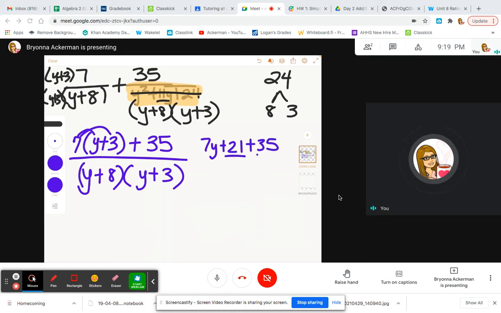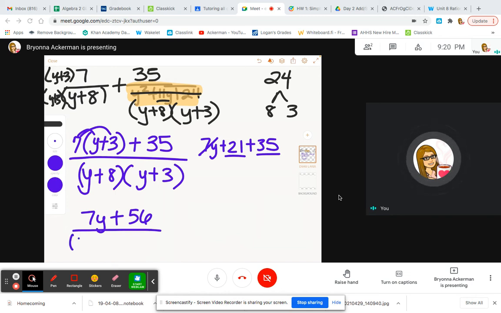Now you can combine like terms. In this case, your like terms are only the constants; your variable doesn't have anything else. We're still going to have this 7y because that's the only variable on the top, and then 21 plus 35 gives you 56.